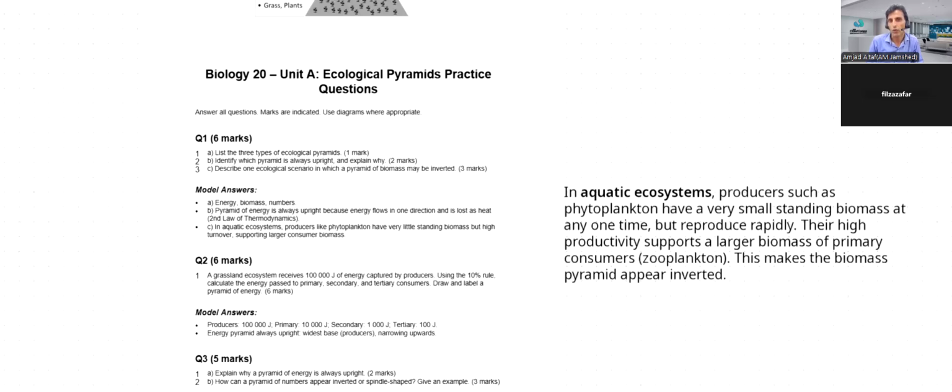It's a scenario where we are saying normally the pyramid is like this, as we have seen here. We have studied that. But sometimes the pyramid is also like this, and this is called an inverted pyramid.